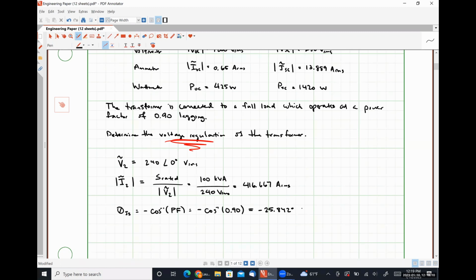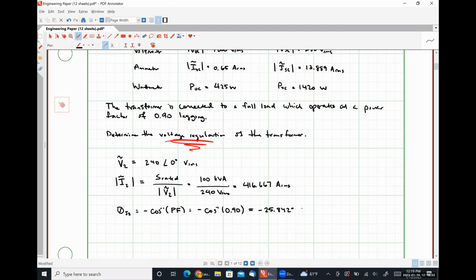So some of you, justifiably so, might be confused as to where the heck that negative sign is coming from. I don't know how you all were taught how to deal with power factor and all that kind of stuff. But for a lagging power factor, how I was taught was that a lagging power factor should give you a positive phase angle, okay?